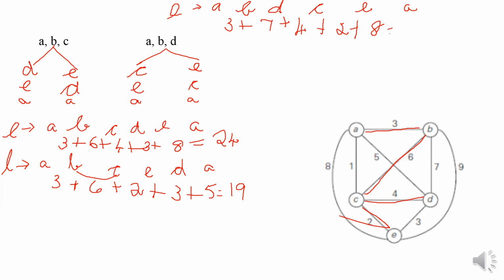So we get this as 3 plus 7 is 10, 10 plus 4 is 14, 14 plus 2 is 16, 16 and 8 is 24.